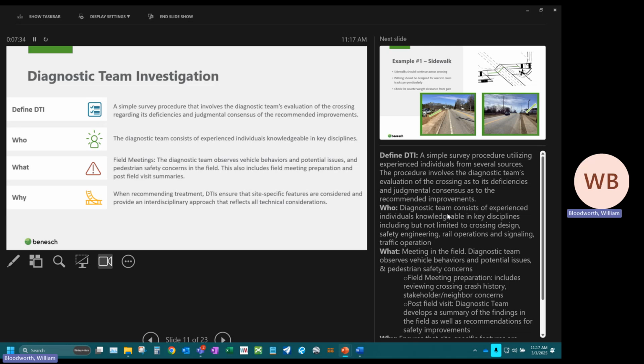So a DTI is basically a field visit where a group of experienced individuals, knowledgeable in multiple disciplines, will go out to an at-grade rail crossing and kind of evaluate it, evaluate how cars are moving, the safety of the crossing, all of that. So you'll have signal engineers out there, roadway people out there, rail people out there, as well as local stakeholders who are interested in the crossing will all come out, evaluate it in the field, and then you'll kind of do a post-field review and generate recommendations on how we can make that crossing safer.